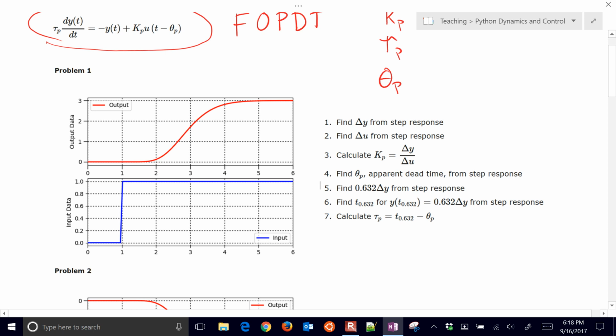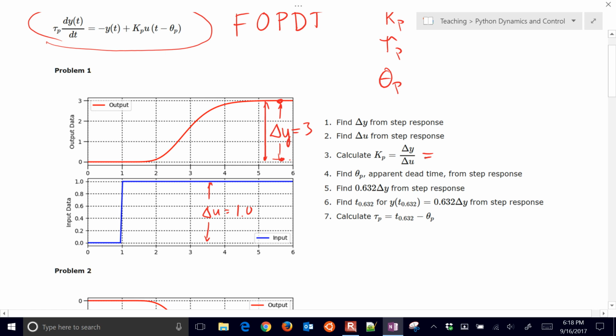Let's go through the first step in a little more detail. Here is my output, and this is my delta y. My delta y is 3 minus 0. I look at my change after a long period of time, and that change is equal to 3. My delta u, similarly, is equal to 1.